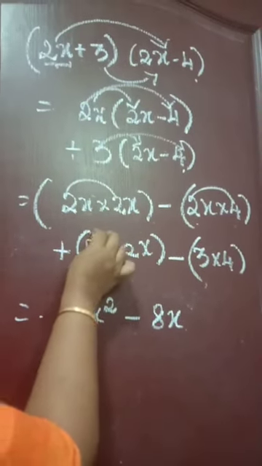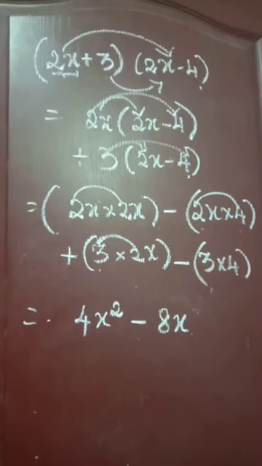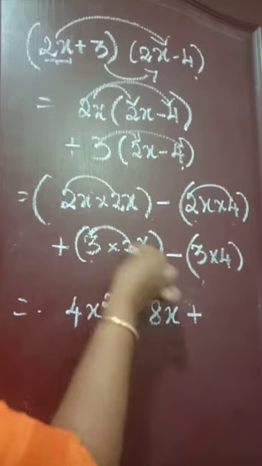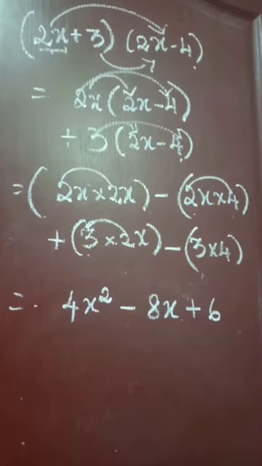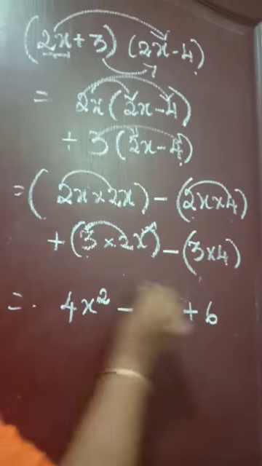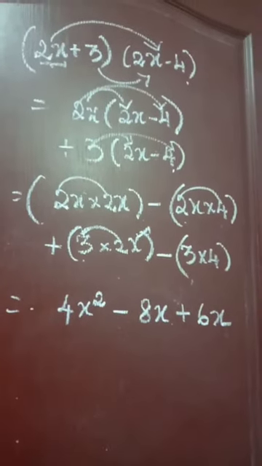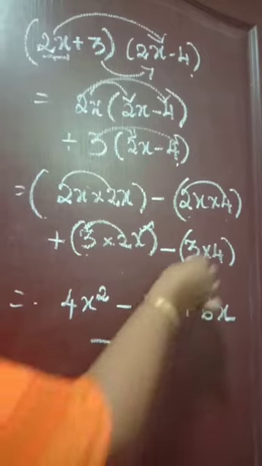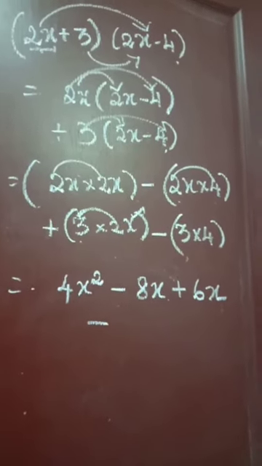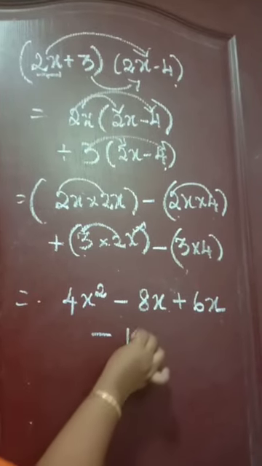Next, multiply these two numbers. What is the answer of 2 into 3? Yes, 2 3s are 6. Only one variable, x, so I write x. Last one, 3 into 4, no variable, so you multiply the two numbers. 3 4s are how much? Yes, 3 4s are 12.